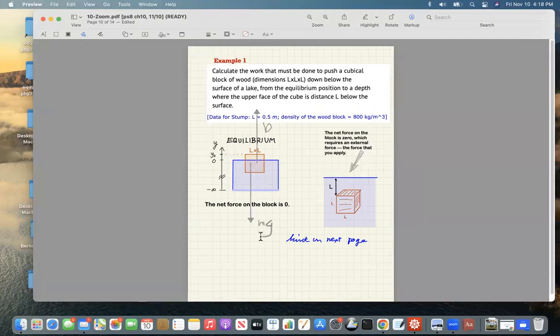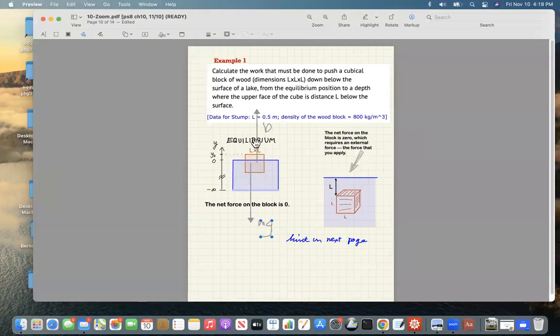Now by Archimedes' principle, the buoyancy force is equal to the weight, not the weight of the block, but the weight of the displaced water. So it's the weight of this amount of water.